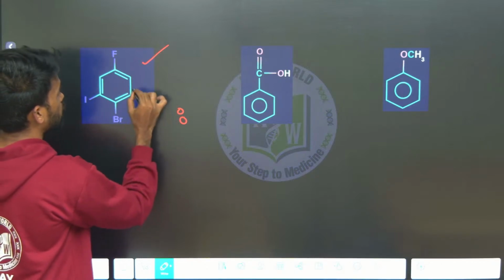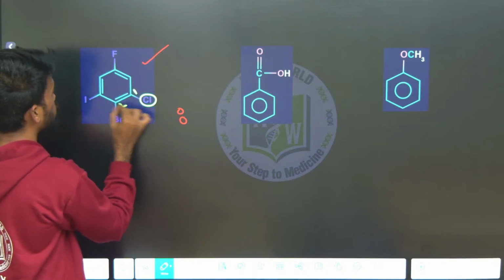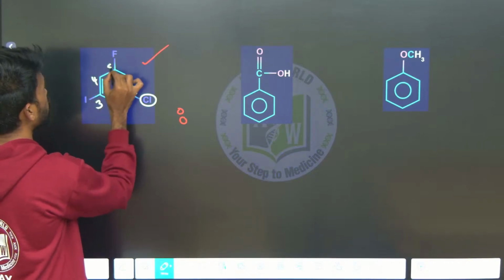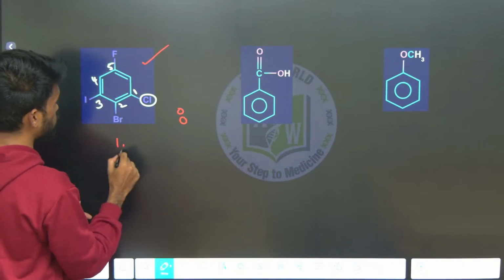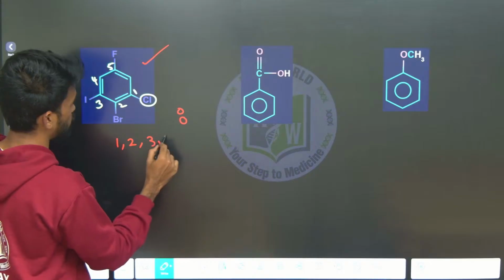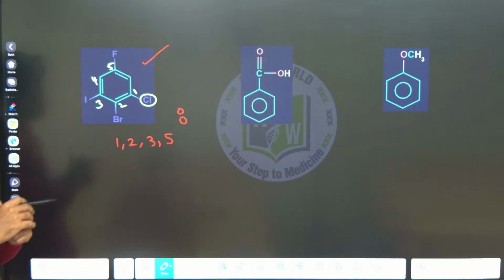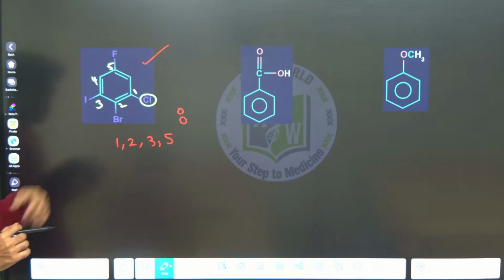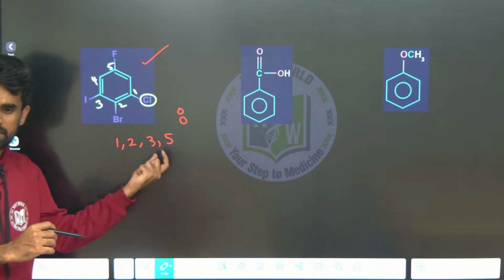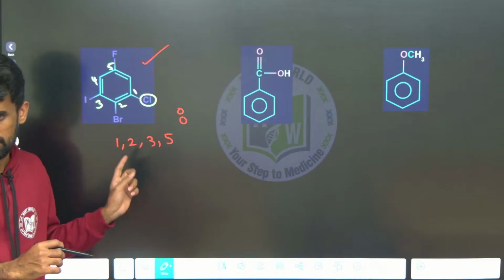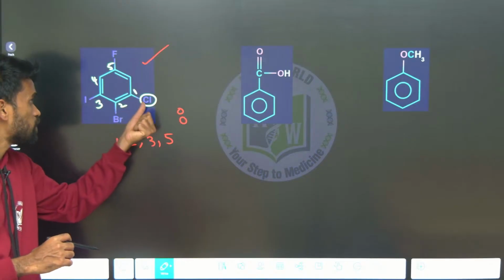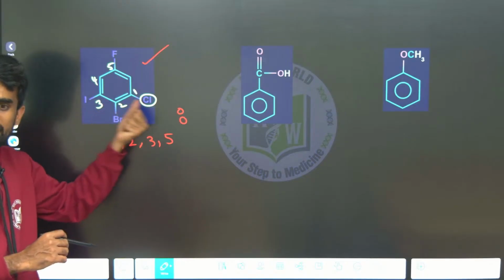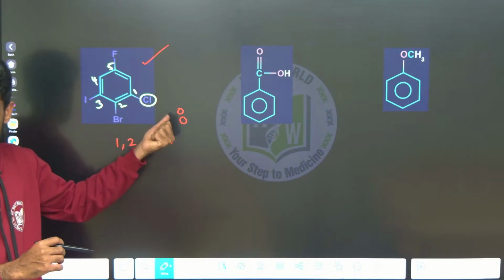Because if I give 1 here, we will get 1, 2, 3, 5. In any other manner you try, you will get either these numbers or bigger ones. Why am I starting from chlorine and not from iodine? C comes first, so I am starting from chlorine.